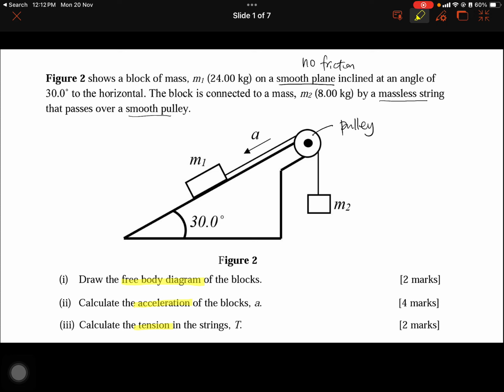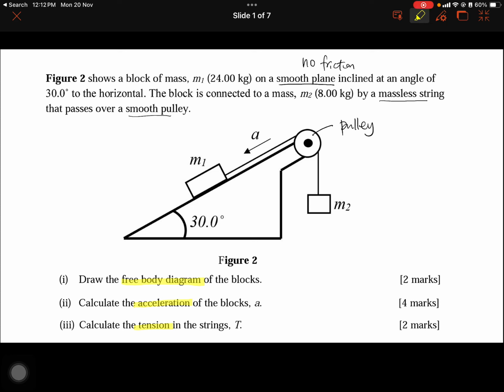If you draw an incomplete free body diagram, definitely your equation is not going to be complete. And then we also need to calculate the acceleration in the second question.